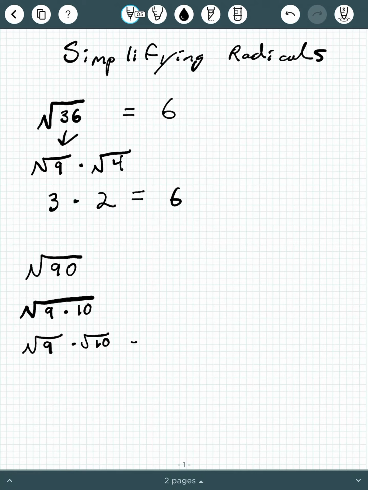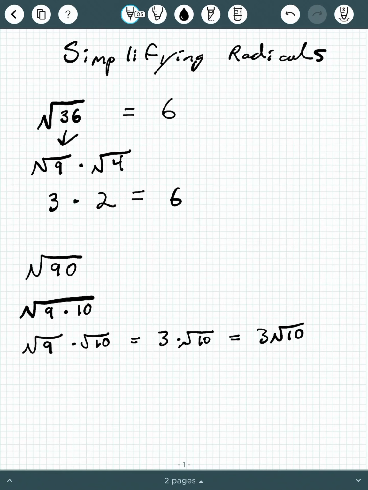Simple enough. We get to 3 multiplied by the square root of 10, and that's actually our final answer. We don't even need the dot between it. We just write 3 radical 10 as an exact answer.